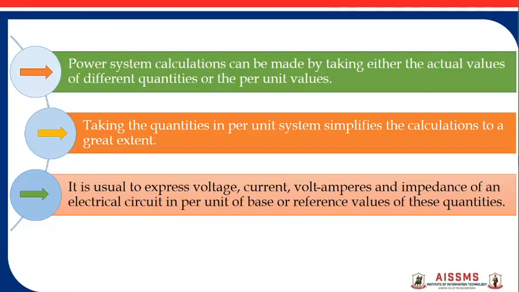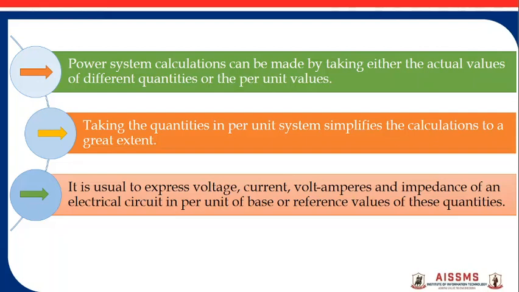So how to convert to per unit values? In a per unit value, we consider a base value. Any arbitrary value can be considered as a base value, and the per unit value is calculated as the actual value divided by the base value.